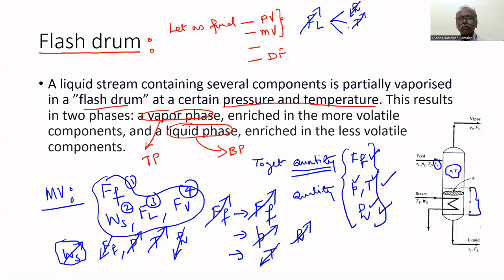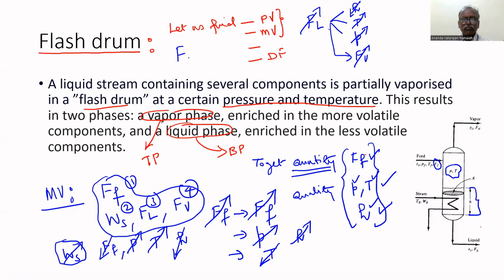That's why T will increase. As T increases, P also will increase, more vaporization. At the same time, FV also will increase. So FL can be used to control all the four variables.